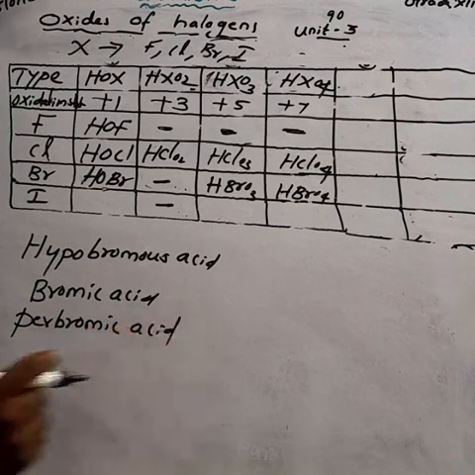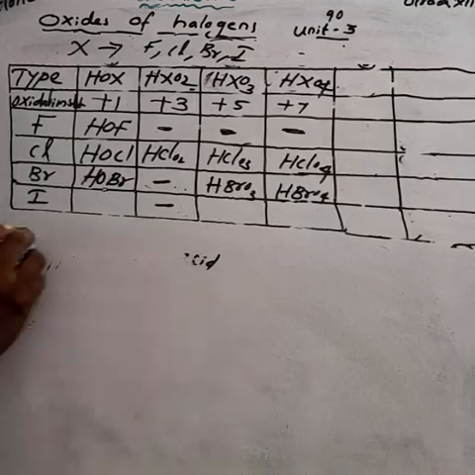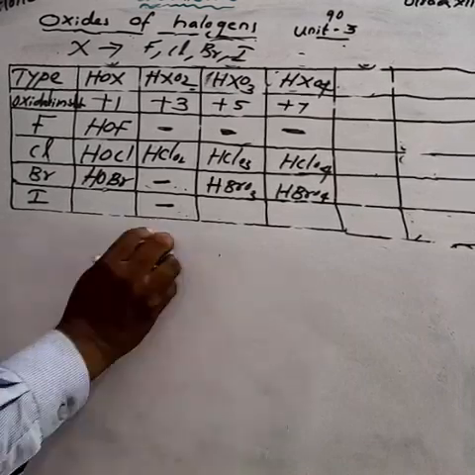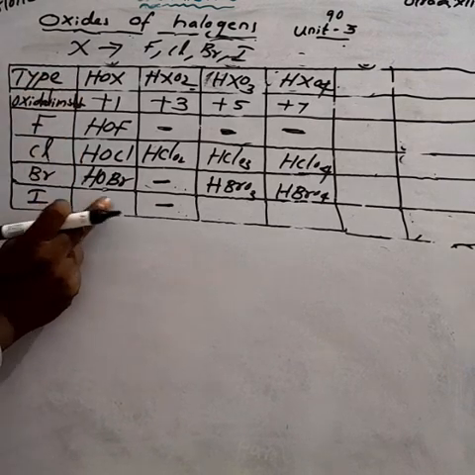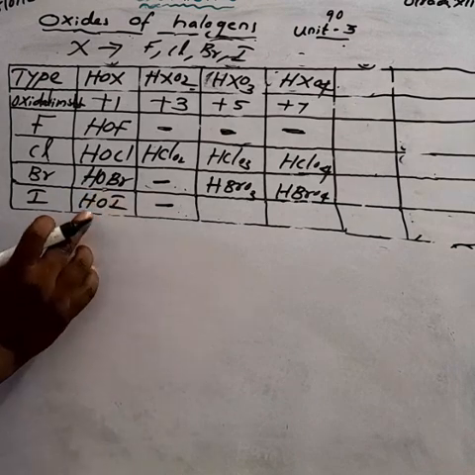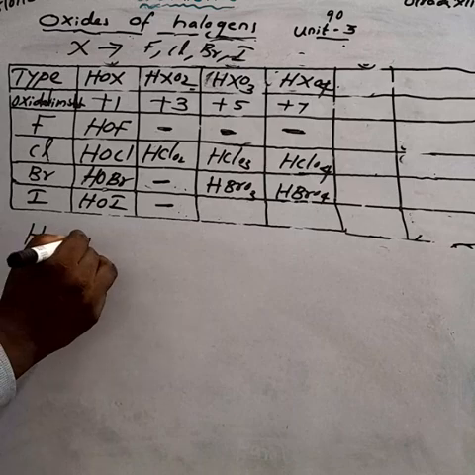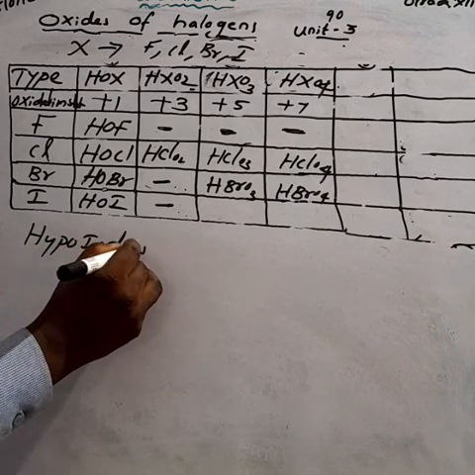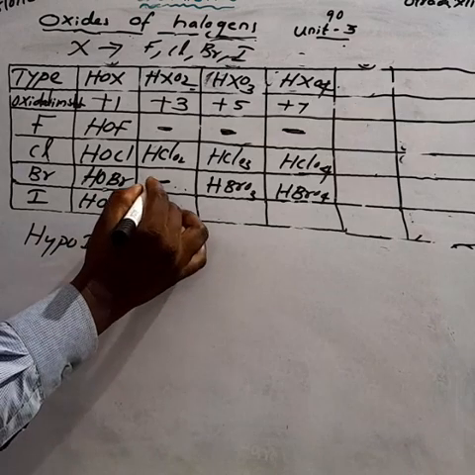Next, we can discuss iodine. Iodine also does not form HXO2. It can form the remaining 3 types. The first one is HOX. Iodine can form HOI. What's the name? Hypoiodous acid. Iodine cannot form HXO2.